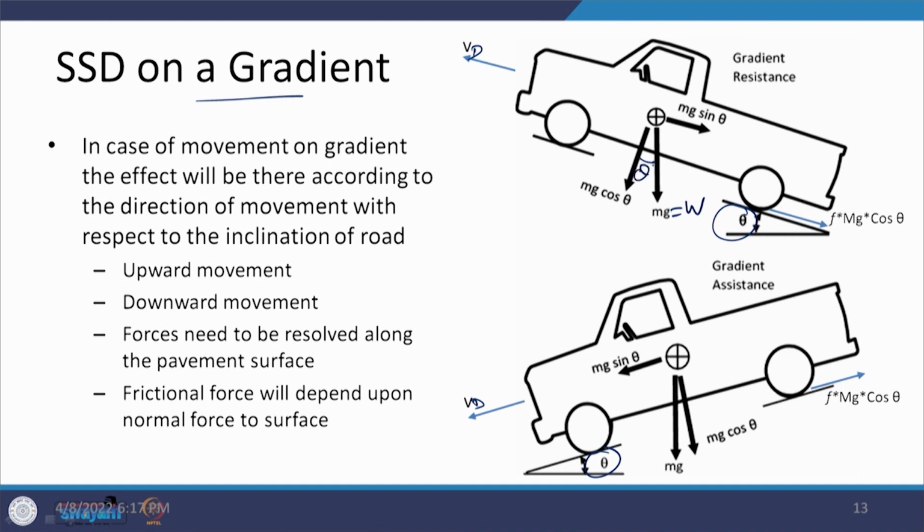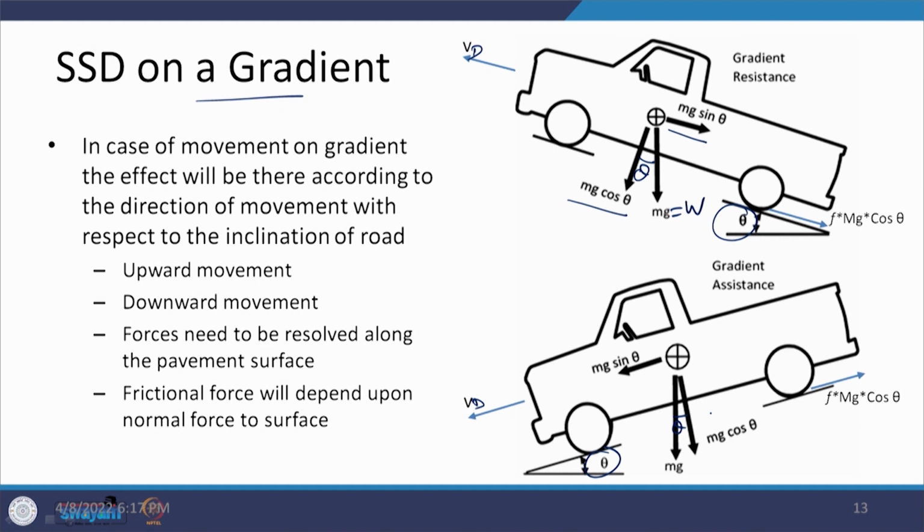This angle is theta, and we resolve mg perpendicular to the surface and parallel to the surface. What we get is mg cos theta and mg sin theta respectively, with directions as shown for the upward or downward case.